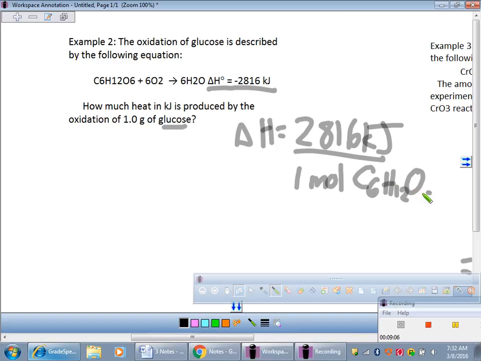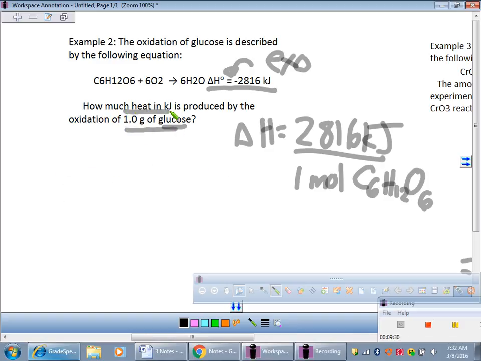And again, because we are not using delta H as which way is the heat flowing, we just are using it as a conversion factor, we're not going to take this negative sign. But this negative sign tells us that the energy is leaving the system, so that means this is an exothermic reaction. Okay, so we're going to start with our 1 gram of glucose.